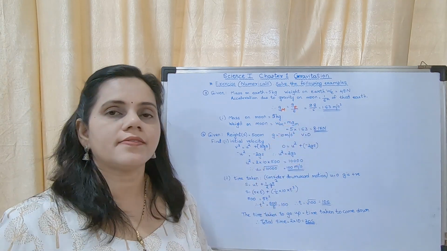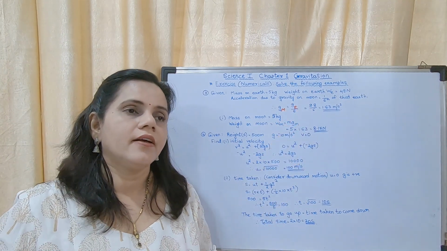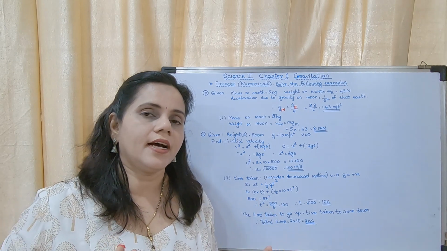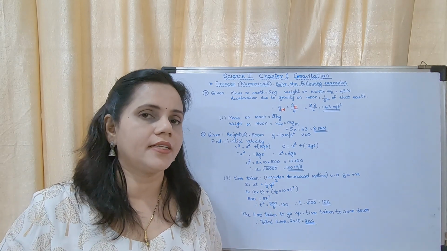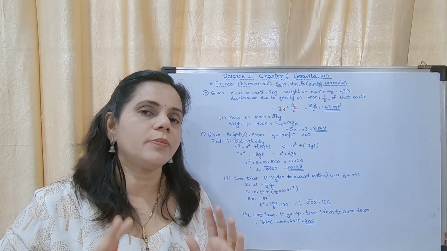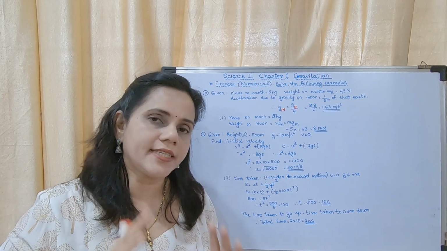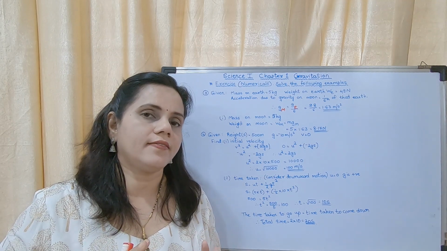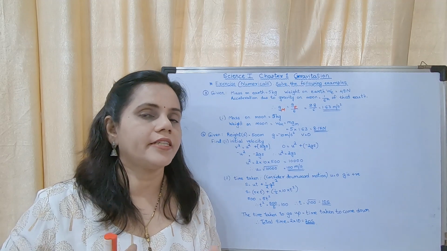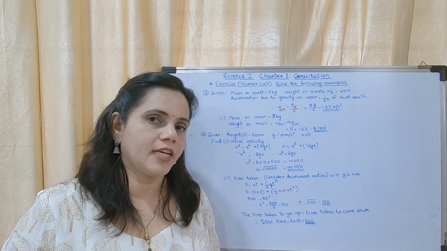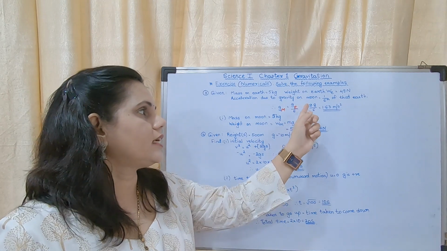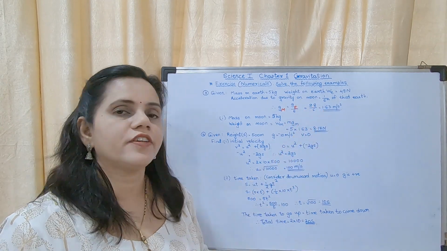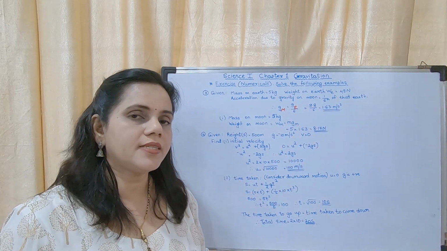G on earth, we take it as 9.8. We don't take it as 10 unless it has been given in the question. If you have been provided the value of G as 10, then only you have to take the value as 10. Otherwise, you have to take the value as 9.8. So here 9.8 upon 6 will give you 1.63 meter per second square.